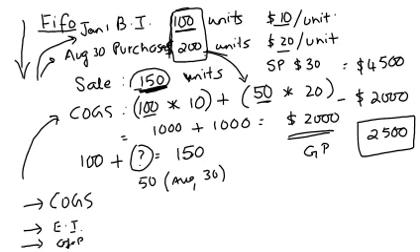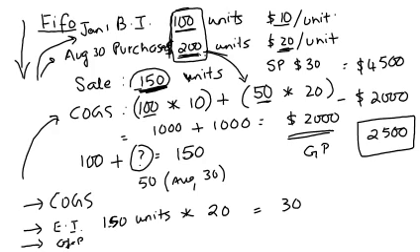So 150 units have been sold, which means there is yet another 150 units in the ending inventory. And this 150 units is remaining from the August 30th purchases, and therefore it has to be costed at $20.